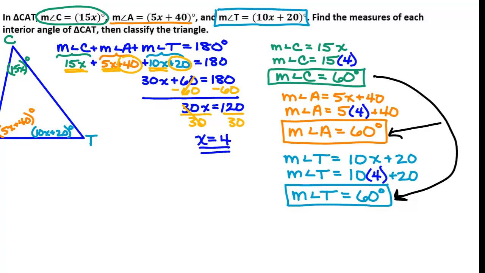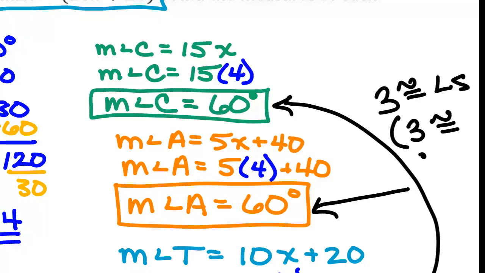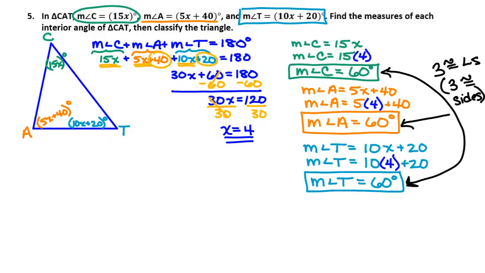They're all the same. We have 3 congruent angles, which means we will have 3 congruent sides. If the angles are all congruent, then the sides are all congruent. Yes, so it's going to be an equilateral triangle.